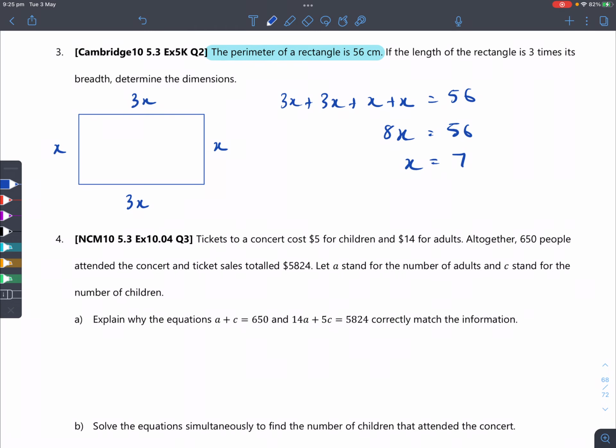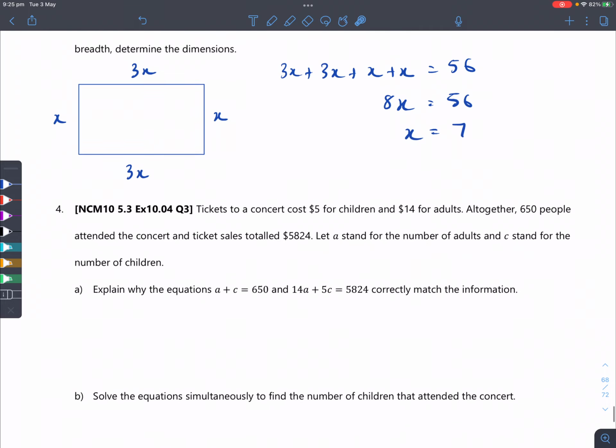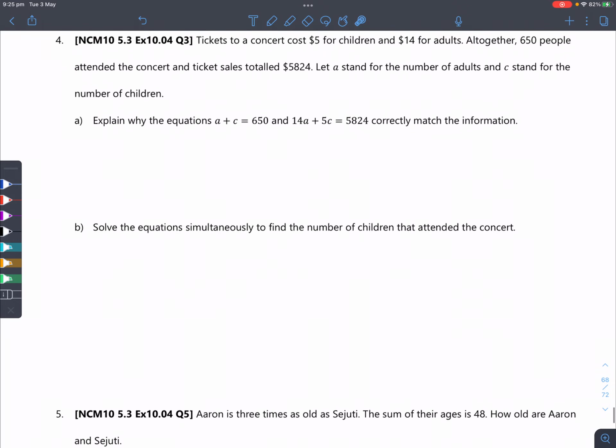Question 4. Tickets to a concert cost $5 for children and $14 for adults. Altogether, 650 people attended the concert and ticket sales totaled that much. Let A stand for the number of adults and C stand for the number of children. Explain why equations A plus C equals 650 and 14A plus 5C equals that are correctly matching information.